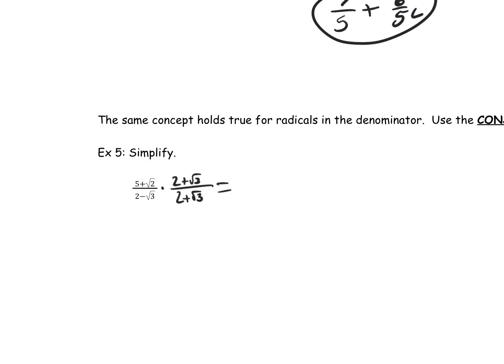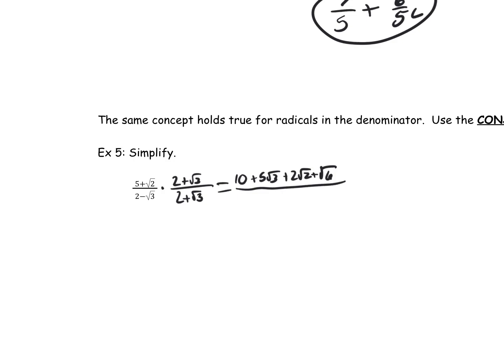And again, we are going to distribute everything from the first fraction with everything in the second. So 5 times 2 is 10. 5 times the square root of 3 is 5 square root 3. Square root of 2 times 2 is 2 square root of 2. And the square root of 2 times the square root of 3 is the square root of 6.